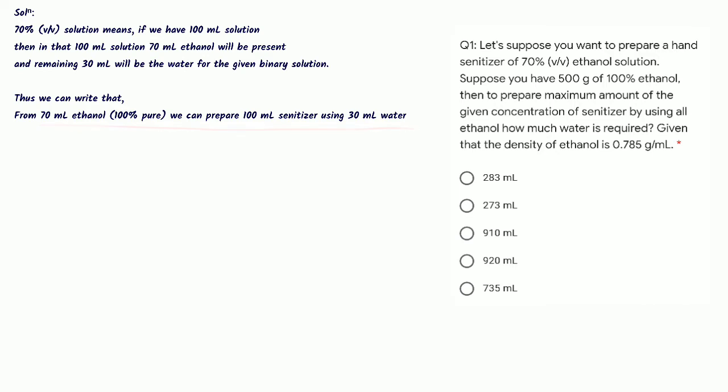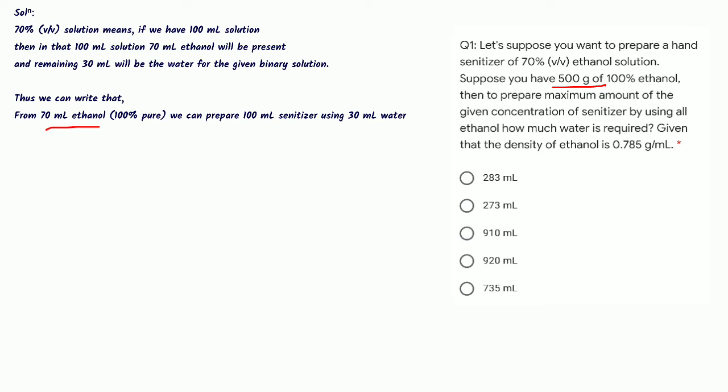So now our aim is to find out how much water is required to prepare the maximum amount of sanitizer from the 500 gram of ethanol, which is given. But here in this line we use 70 ml, while our given amount is in gram, that means 500 gram.